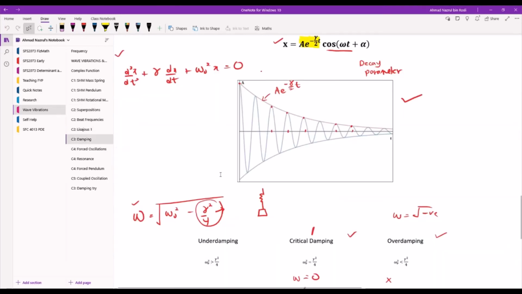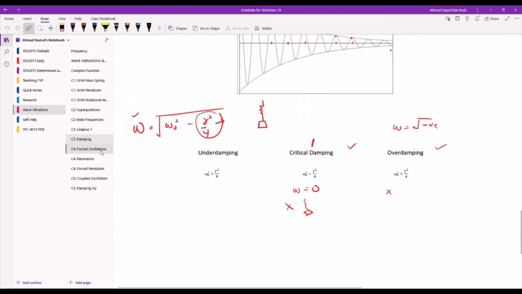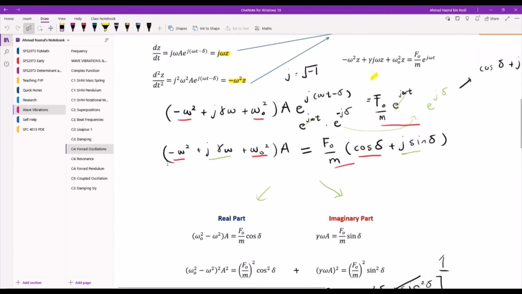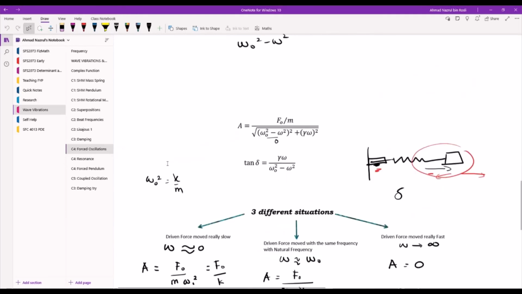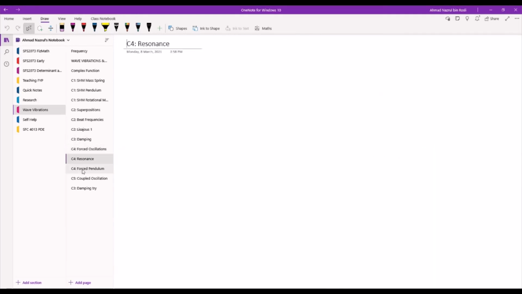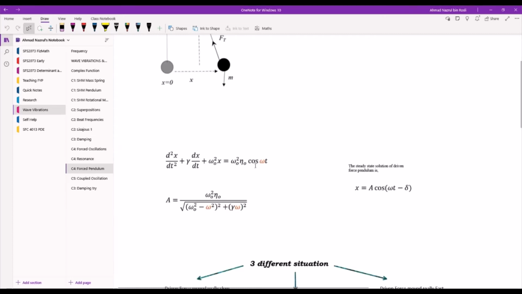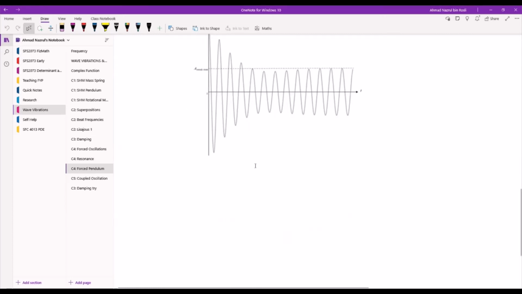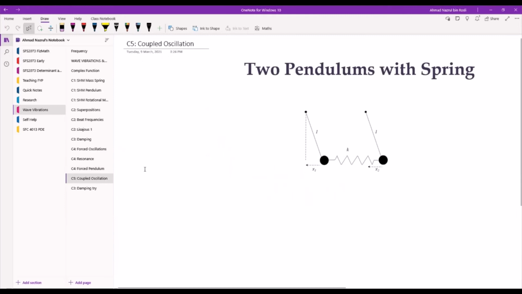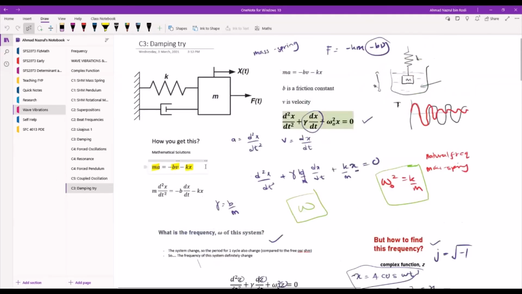We have damping, force oscillation. Alright, so oscillation dia punya solution dia panjang sikit. They have a resonant, okay, resonant force pendulum. And then lastly couple oscillation. Oh, dia tak ada yang dah ada lukis okay. Ni damping.